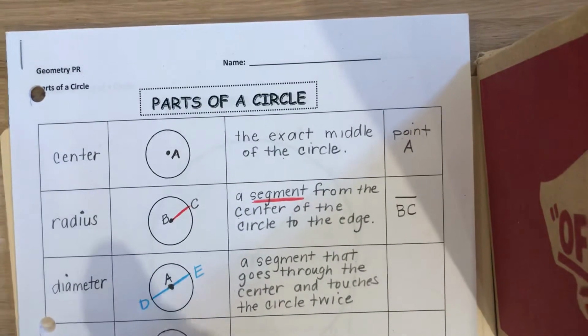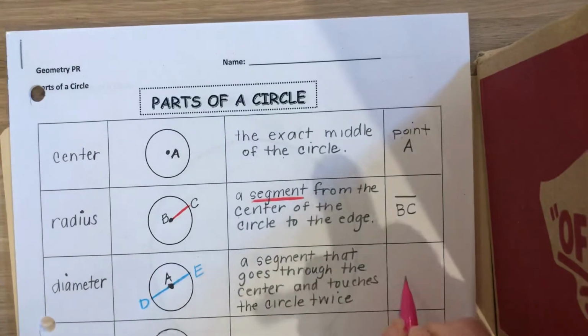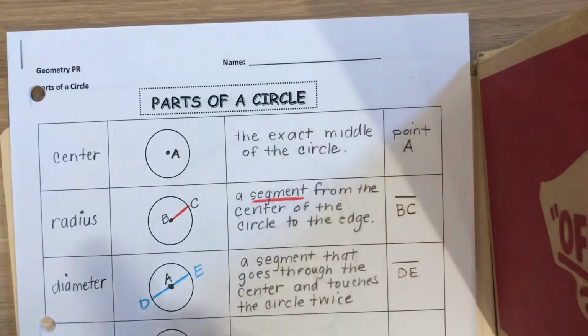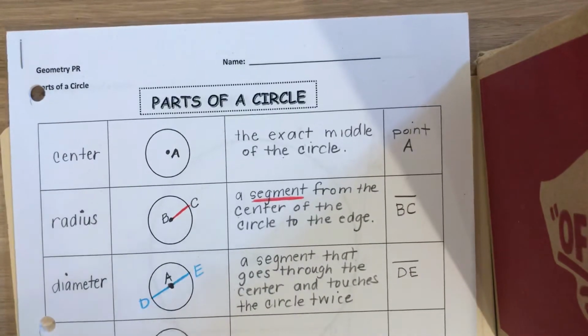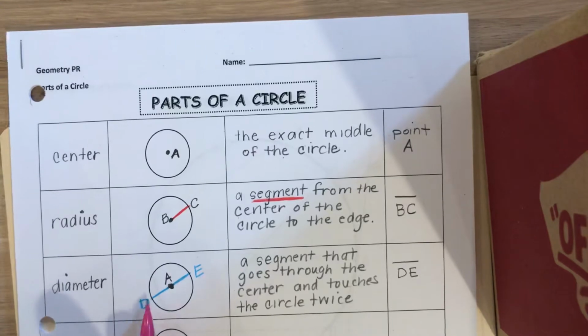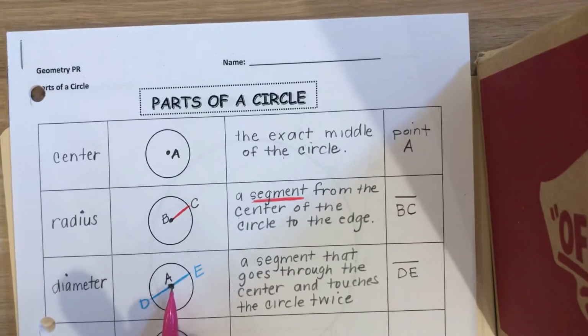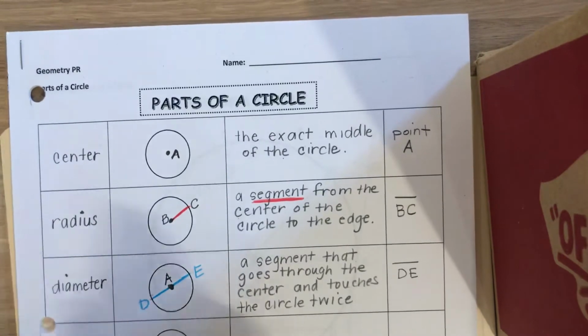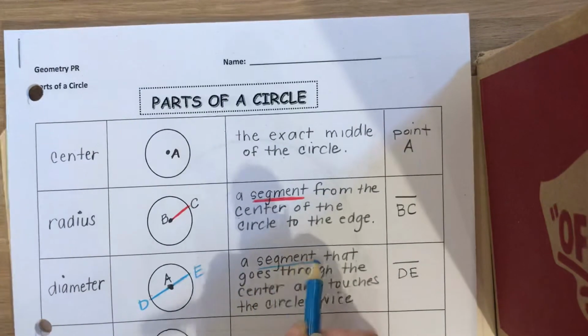We would name this diameter DE with a segment bar on top, or you could name it ED like we've done in the past. But since it's a segment, remember it's only the two endpoints. We don't put the A in there. And I'm going to underline that it is a segment as well.